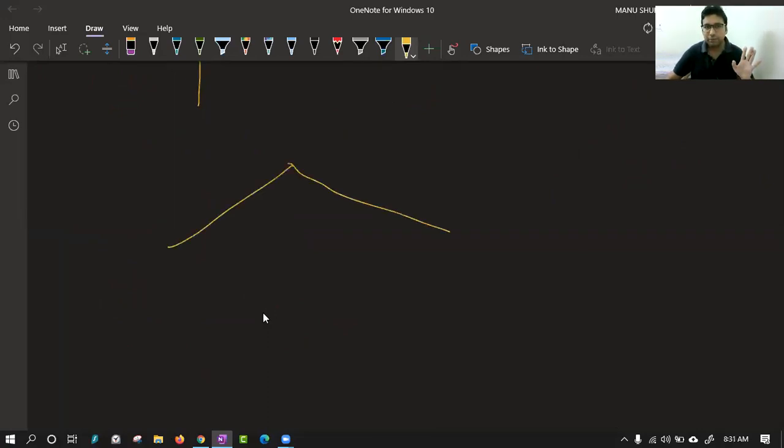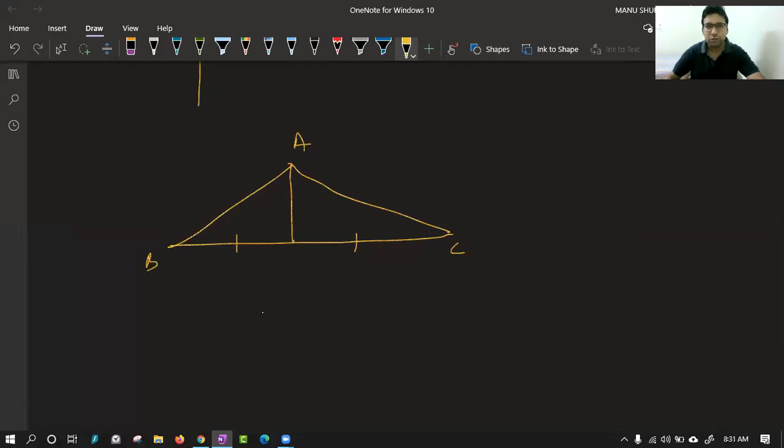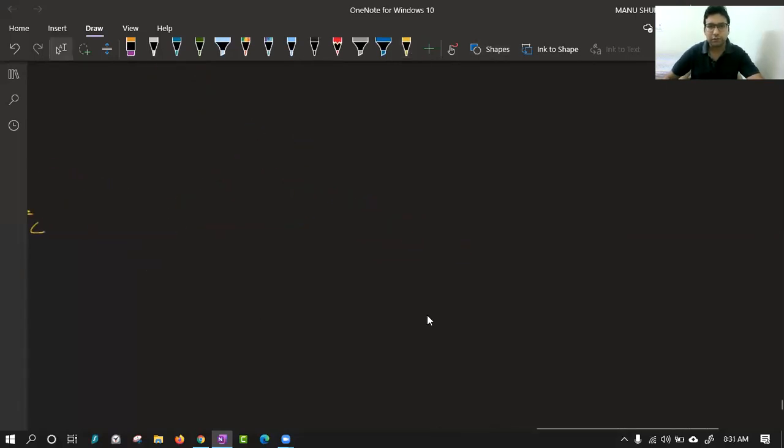Just see this thing. Class, now we will try to prove that altitude and median are same in this case. This is an equilateral triangle. Let me draw it again. 1 second. We are discussing equilateral triangles, special cases. Let me draw like this.